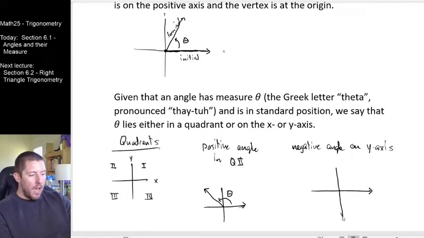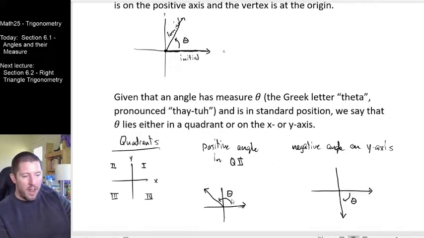If it's on the y-axis, then I'm on this line right here. And notice in this case, we're rotating clockwise, right? So here my angle is still measured as theta, but here theta would be a negative number. It would be negative 90 degrees because here we rotated in the clockwise direction. This is our negative direction of rotation. Counterclockwise here is our positive direction of rotation.